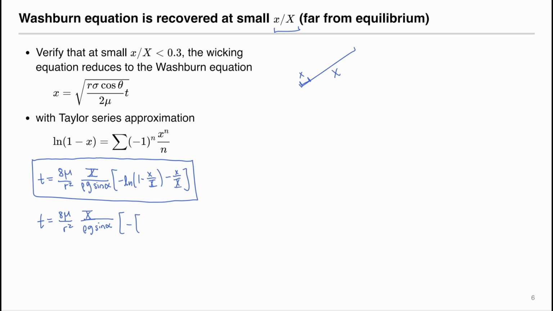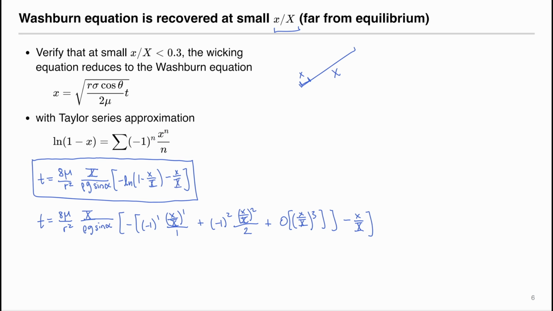For n equals 1, we have negative 1 to the 1, and x, which is the ratio, to the first power divided by 1, plus negative 1 to the second order, and the ratio to the second order divided by 2, and plus everything that is order x, the ratio to the third. And lastly, we have minus the ratio.